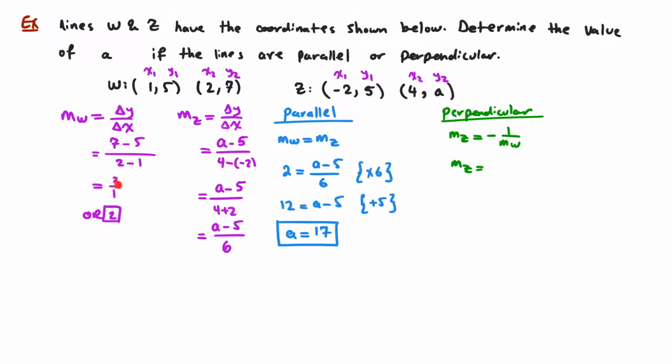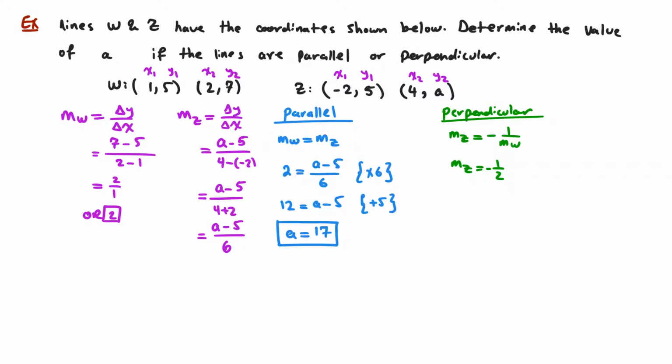So its reciprocal is 1 over 2, and its negative is just -1 over 2. Meaning that if the slope of W is 2 over 1, then if line Z is perpendicular to it, it will have a negative reciprocal slope, meaning it's negative, and also its reciprocal, which is 1 over 2.